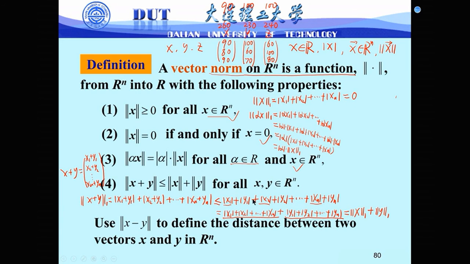It's okay? So we checked that the L1 norm satisfies the 4 properties. So we know it is a norm by this definition. And also we can check the maximum norm, the infinity norm.